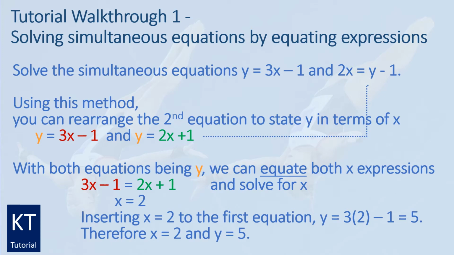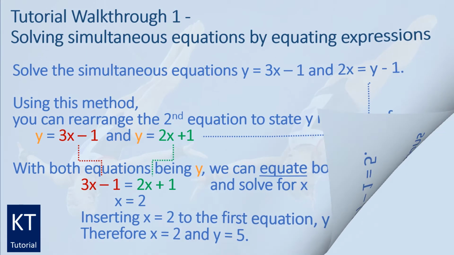With both equations being y, we can equate both x expressions, taking 3x minus 1 being equal to 2x plus 1, and solve for x. By inserting this value into the first equation, we can solve for y. Therefore, x is equal to 2 and y is equal to 5 for the given simultaneous equations.